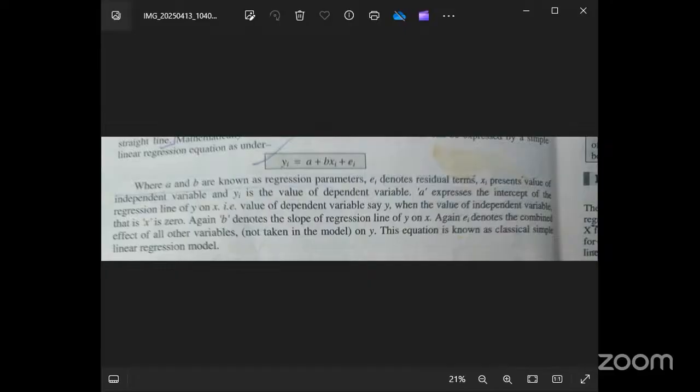And coming to the next one, that is number of variables. So for number of variables, we have three types: simple regression, partial regression, and multiple regression.